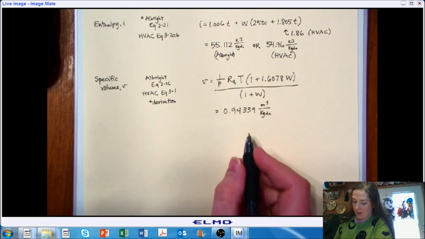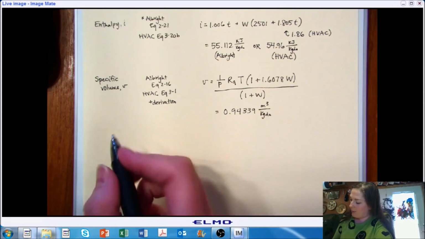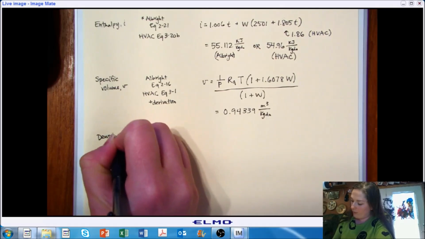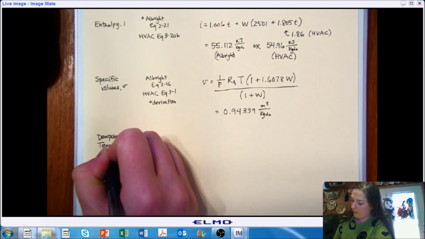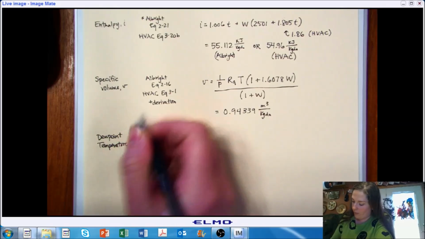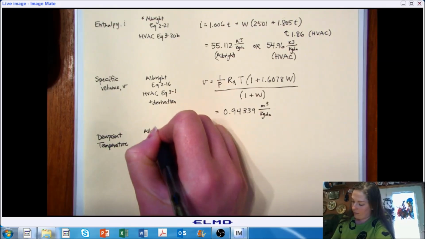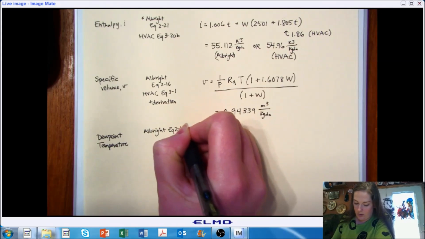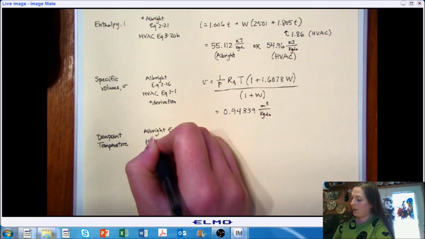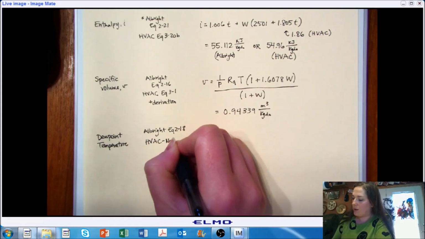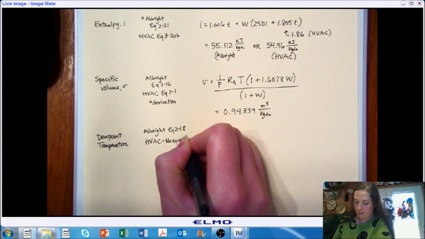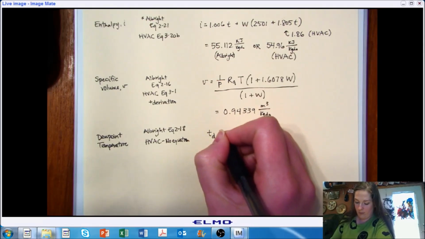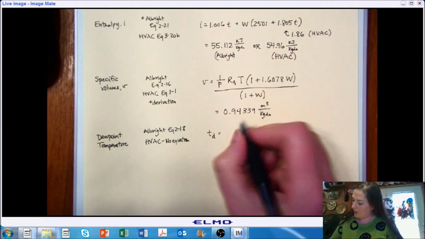Okay, the next thing we're going to look at is our dew point temperature. And in Albright, that is equation 218, and your HVAC book doesn't give an equation for this one. Make sure I get all the numbers in here right.